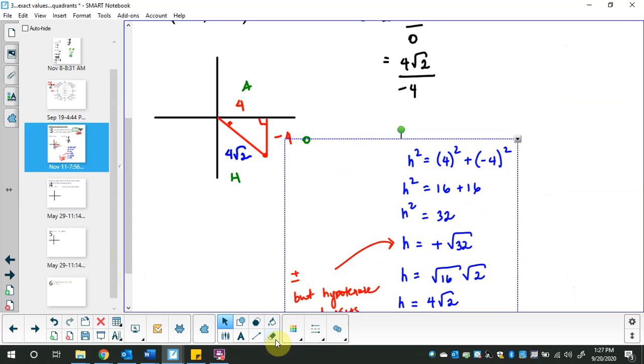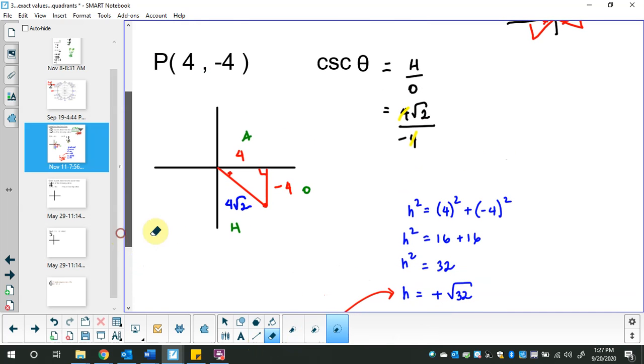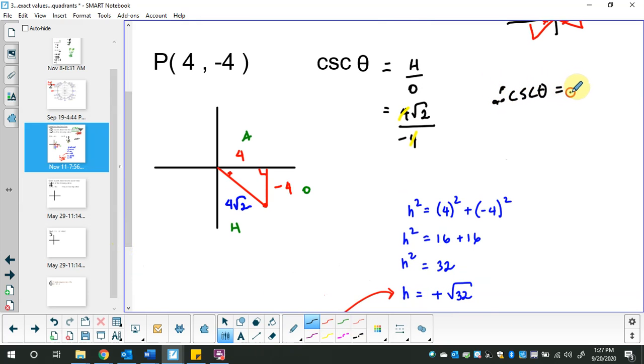I can reduce that just a little bit, and actually I'm going to not squish it in. And I give you a little therefore statement. Therefore, cosecant theta is equal to negative root 2.